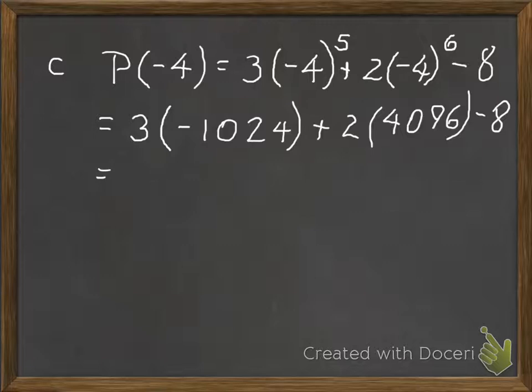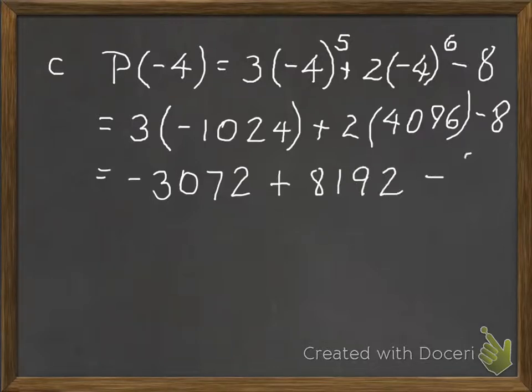I'm evaluating this line now. 3 times negative 1024 is negative 3072, plus 2 times 4096, 8192, minus that 8. Don't forget that minus 8.